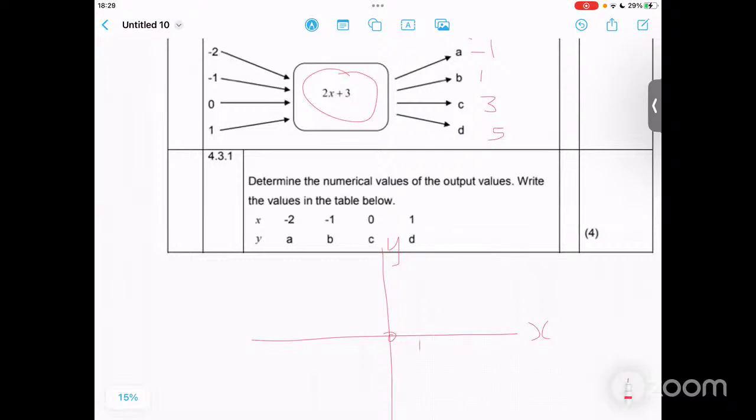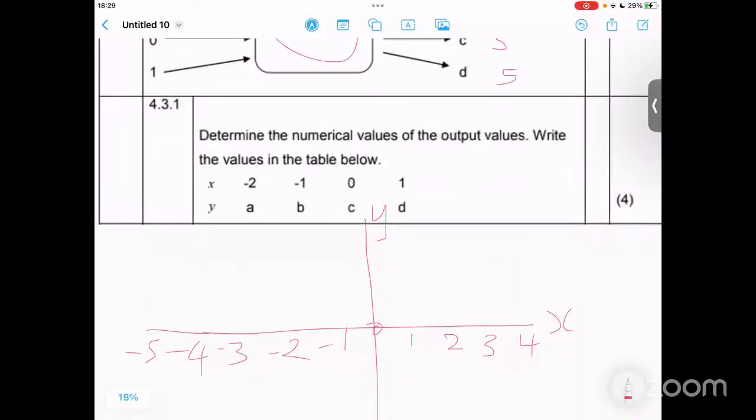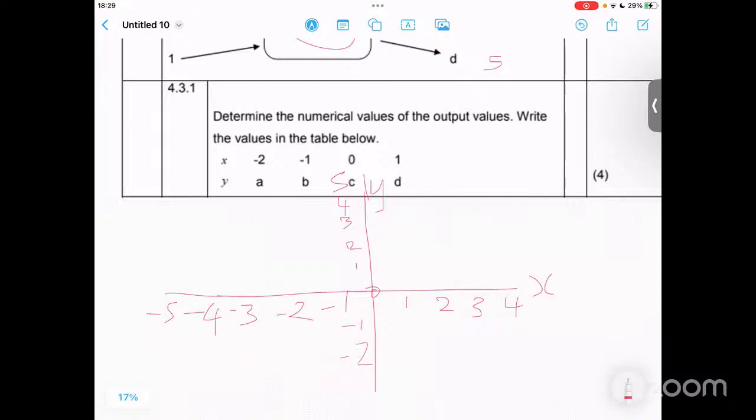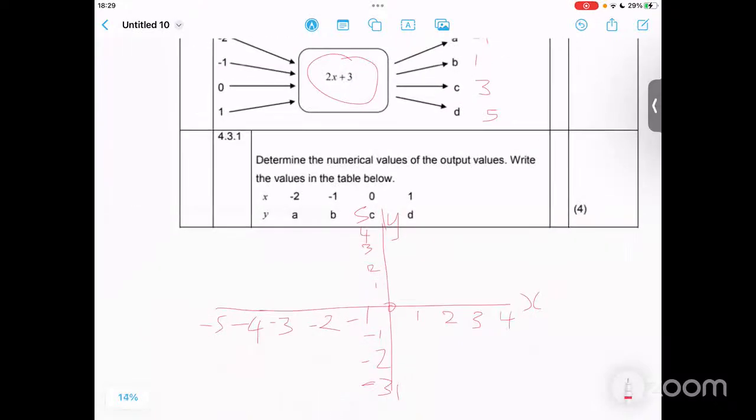Let's say 1, 2, 3, 4, -1, -2, -3, -4, -5, and we're going to have 1, 2, 3, 4, 5 here. And then we have -1, -2, -3, and going down. So where is going to be our first point on the graph?